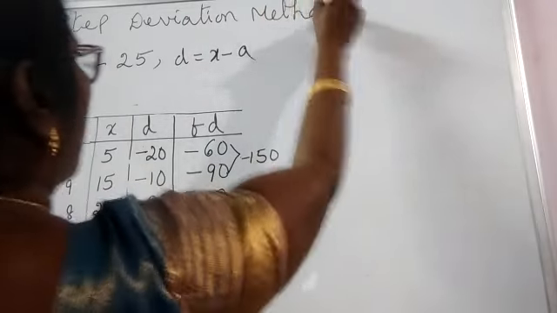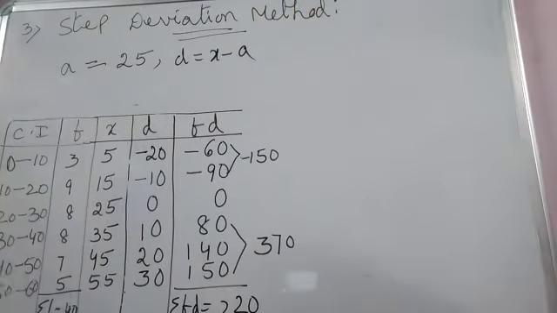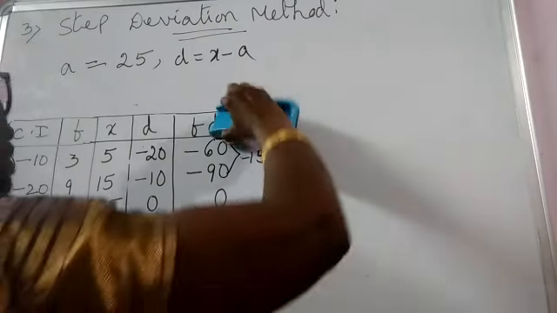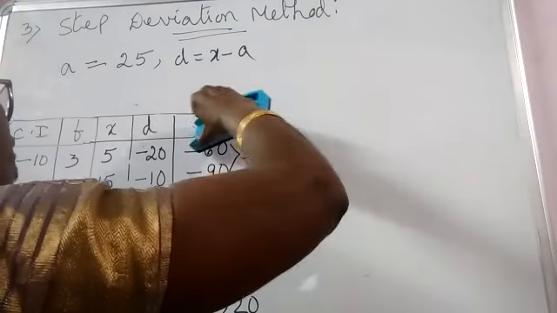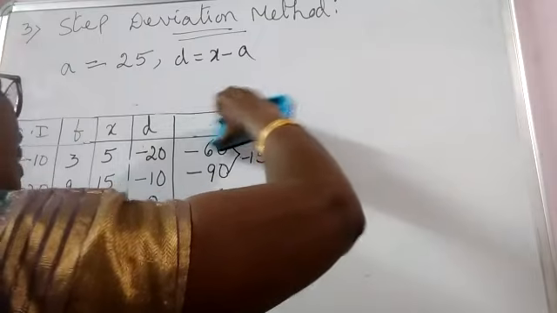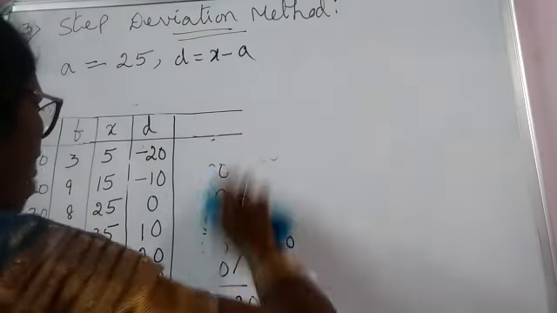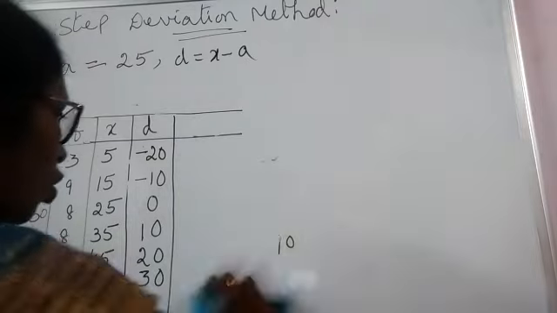Step deviation method of finding the mean. And here we don't want FD, so let us remove FD. For finding the mean by direct method, fx we found. For the shortcut method, we found FD. Now let us see.